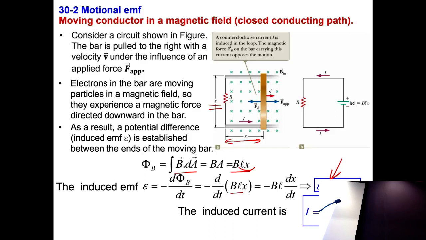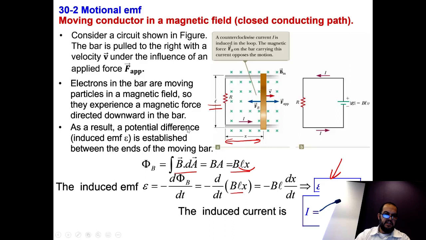B times A. Okay? So that's why the induced field is going to oppose this change. The flux due to this existing magnetic field is increasing, so it's going to oppose it. It's going to generate a magnetic field in the other direction to counteract this change.